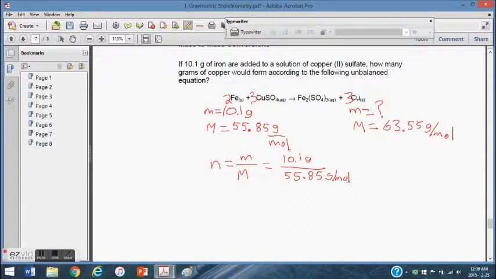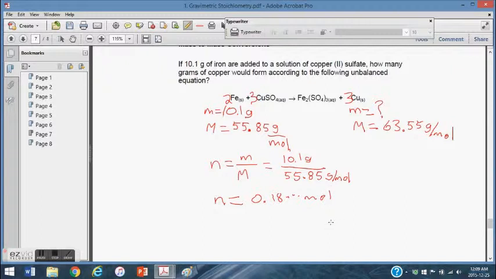It's equal to, do not round your answer to this, 10.1 divided by 55.85. Keep the big number in your calculator. I'm going to write down just 0.18... moles. The dots are on the paper to show that yes, I am keeping the big number, and I just don't want to write down 10 digits on my sheet of paper.